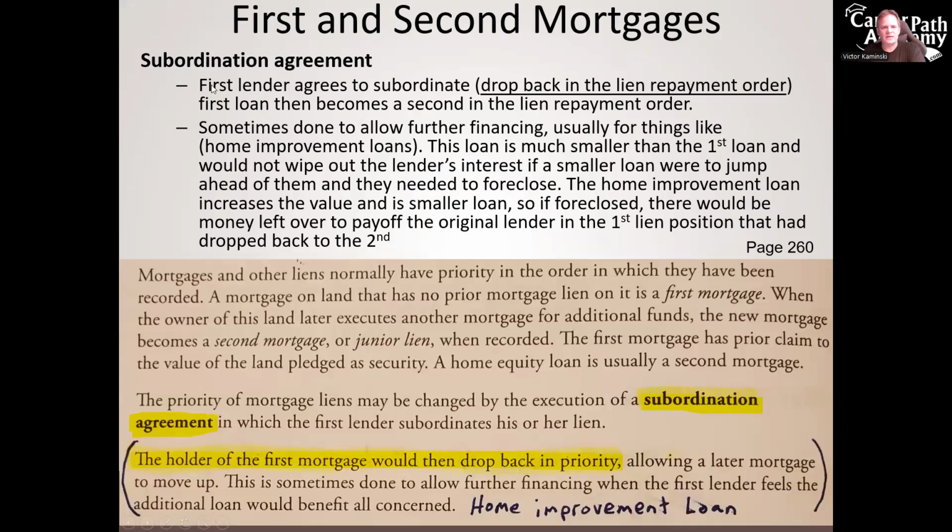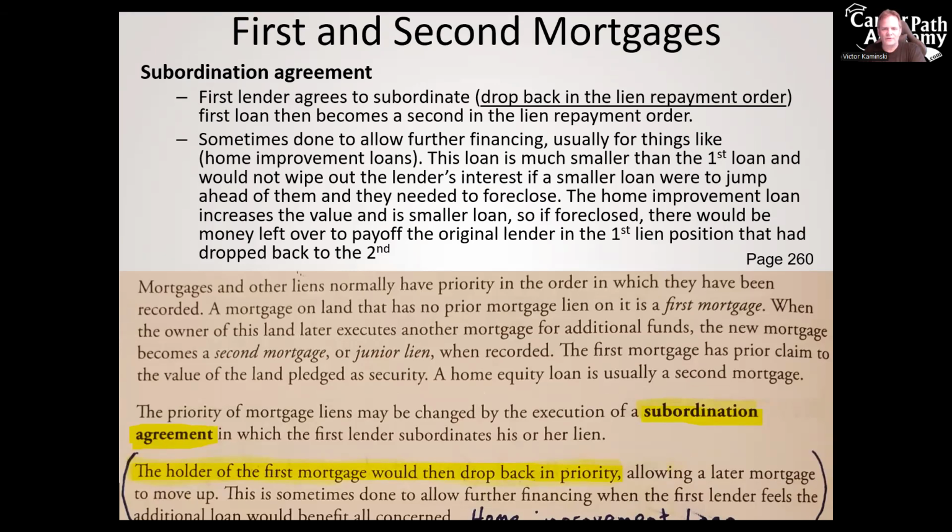Subordination agreements allow a primary lien holder to drop from repayment order, becoming subordinate to a junior lien. Why would they want to do that? If a lender has the top priority, the first priority in the lien repayment order, why would they drop back in the lien repayment order?